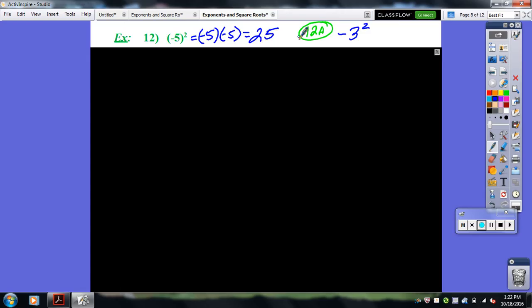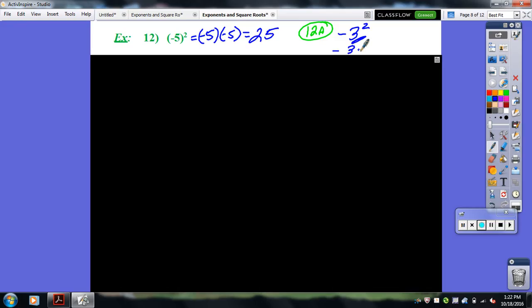Come on, guys, wake up. The parentheses. There's parentheses in 12. There's no parentheses in 12a. That's a big difference. We follow order of operations, so we do the exponents first. This is negative 3 times 3, which is a negative 9. So big difference. When there's parentheses, I want both of the negatives also.